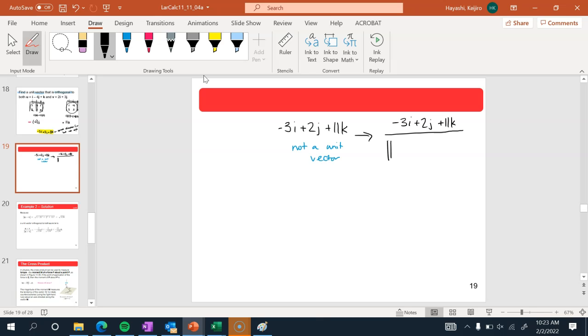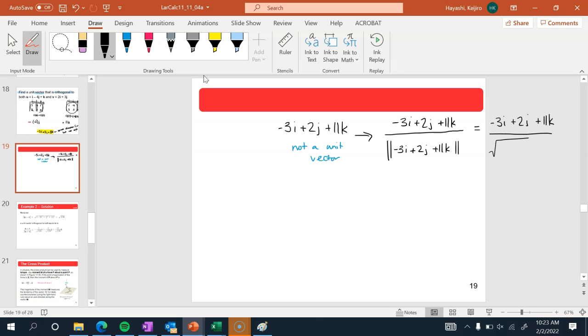But if we take this vector and we divide it by its own magnitude, that should shorten it to where it is a vector with length 1. That's always the way to make a unit vector: take whatever vector goes in the direction you want and divide it by its own magnitude.